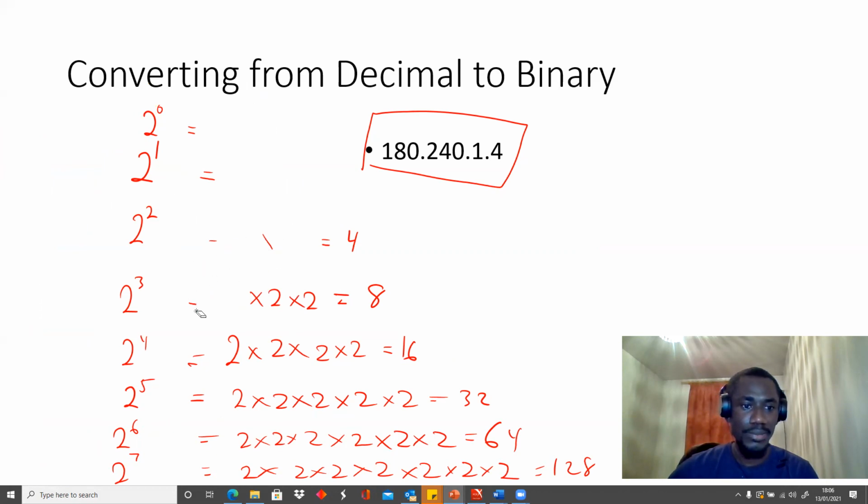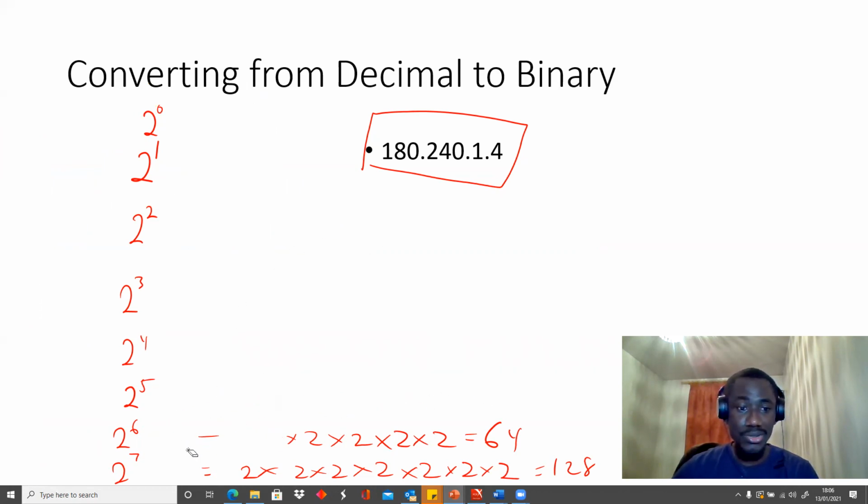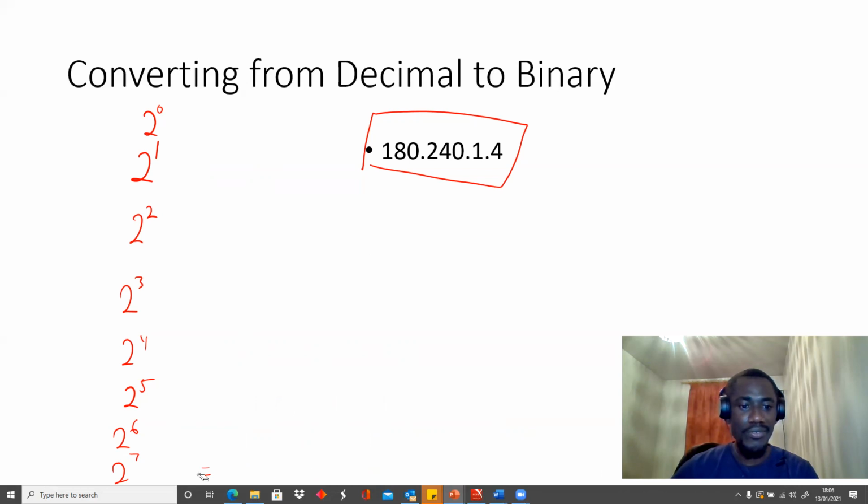So I'll just do this. But this time around, I'm going to rewrite them and make it a bit cleaner, just so you know the concept. Binary is the backbone of every IP address we see, and also every subnet mask we see.